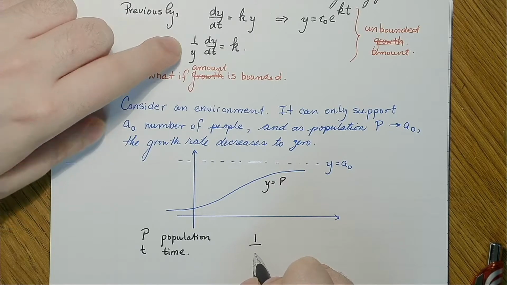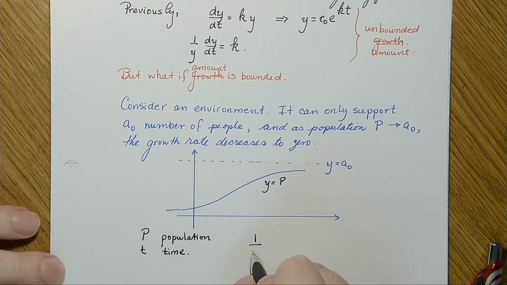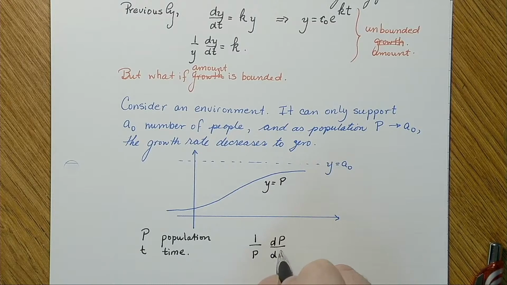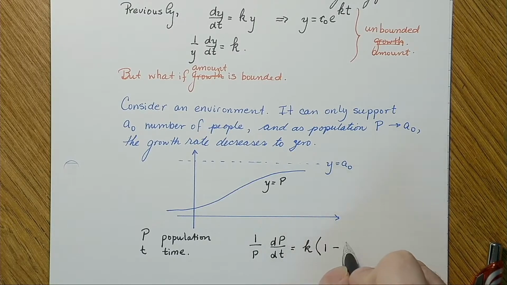So I'll start out with 1 over P, and then dP, so the change in the population over time, the rate of change, is equal to k. And the way that I'm going to bound it, or slow it down proportionally, is to multiply by 1 minus P over A0.